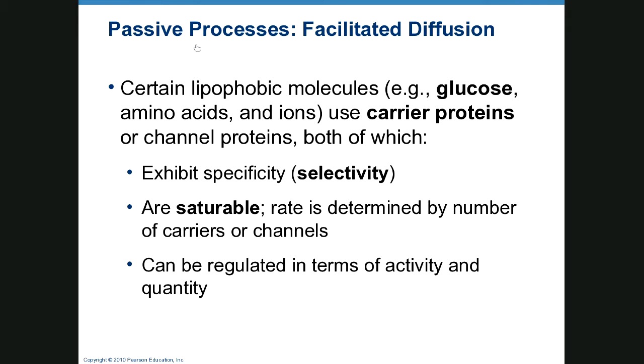Okay, facilitated diffusion requires some type of carrier. Glucose is the absolute most commonly known one. It requires a carrier. You have to have insulin, and you have to have an insulin receptor. And these are very selective, and they're saturatable.